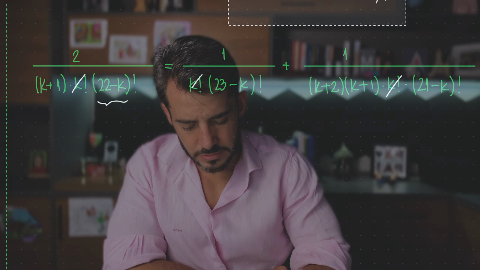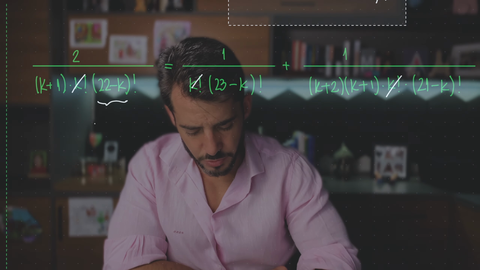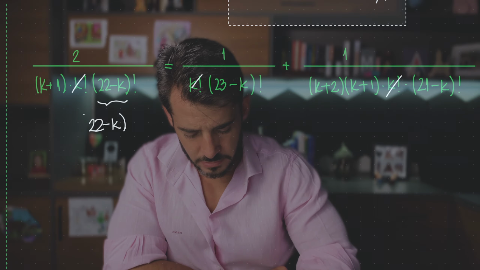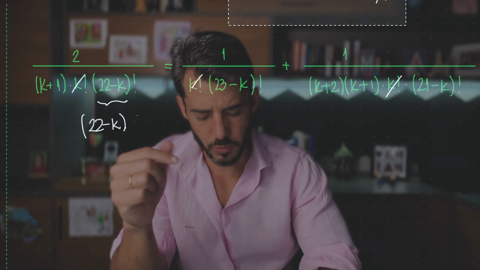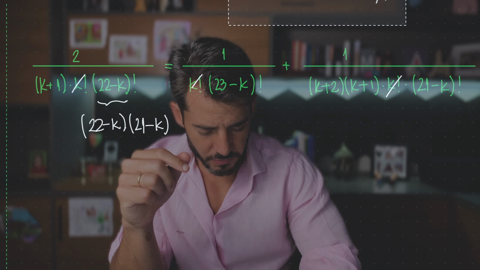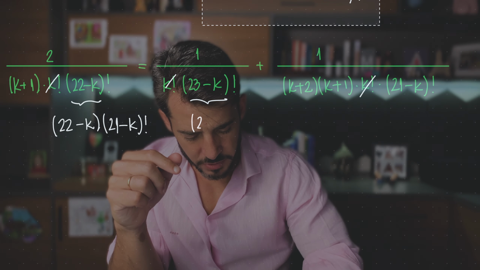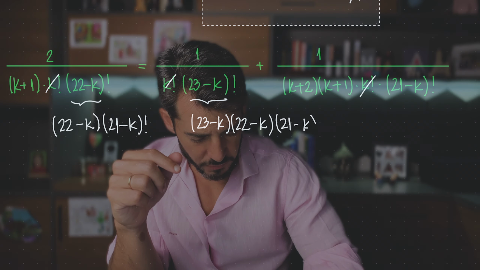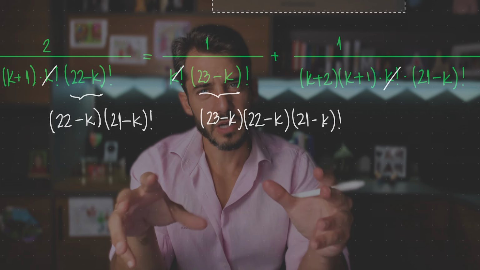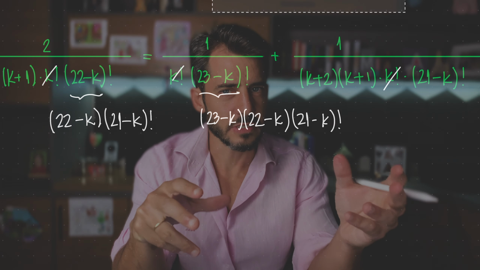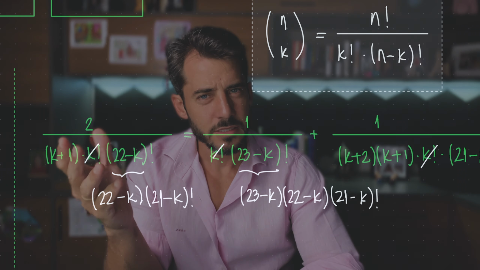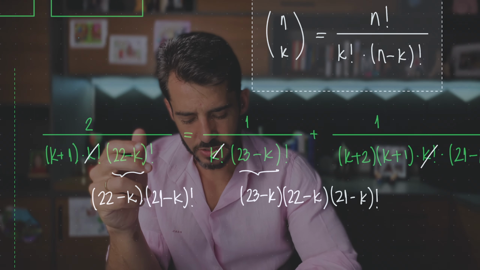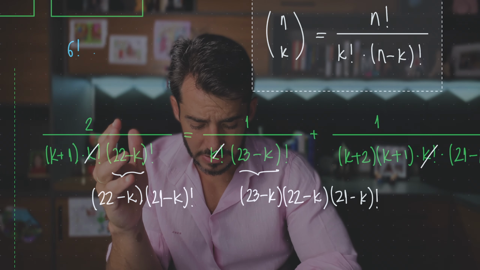We can rewrite this (22 minus k) factorial as (22 minus k) times, and we subtract it by 1, (21 minus k) factorial. Same idea over here, (23 minus k)(22 minus k)(21 minus k) factorial. Remember, whenever we stop, we can place a factorial at the end. And the idea behind this simplification is, let me use 6 as an example.